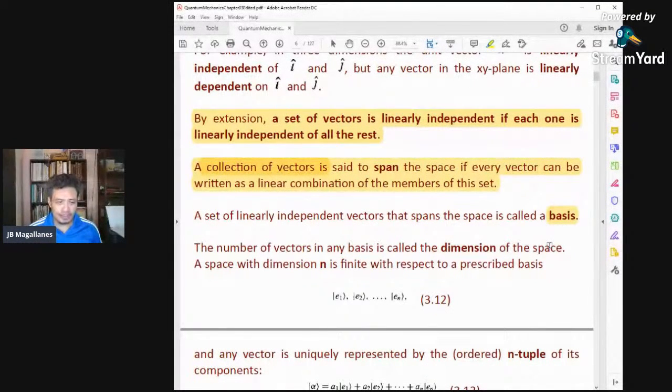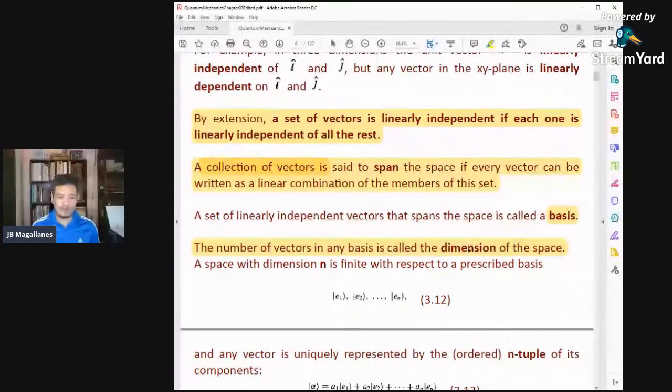So other dimensional spaces greater than 3 would have to be spanned by a set of n vectors with n dimensions. The number of vectors in any basis is called the dimension of the space.